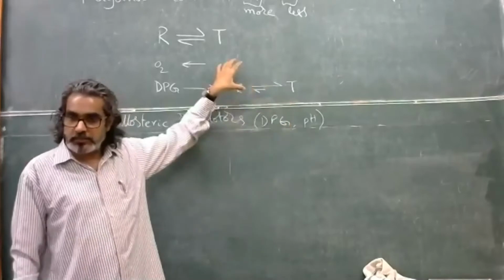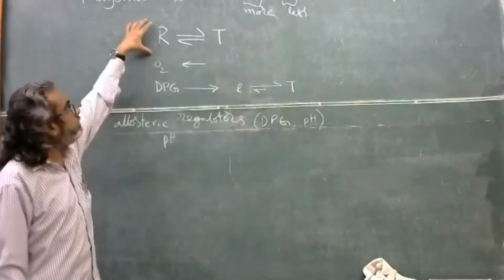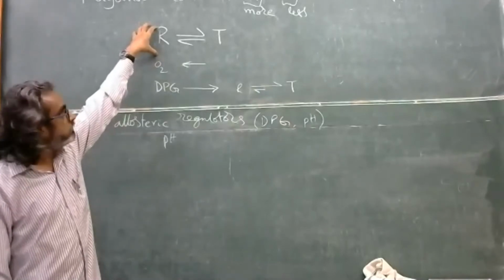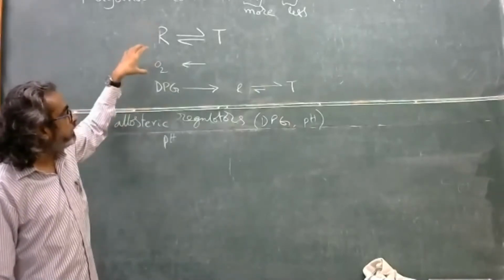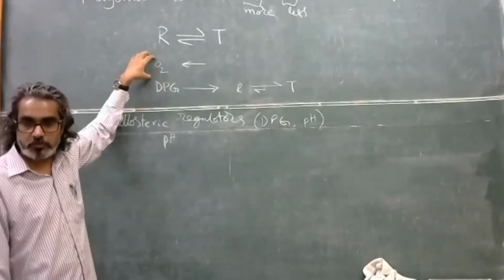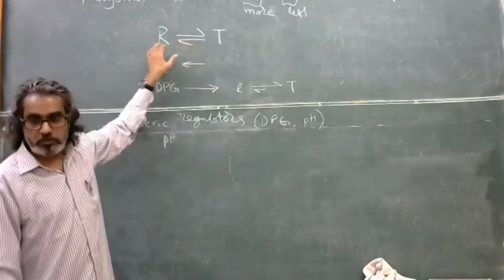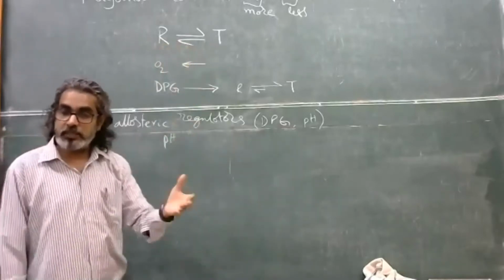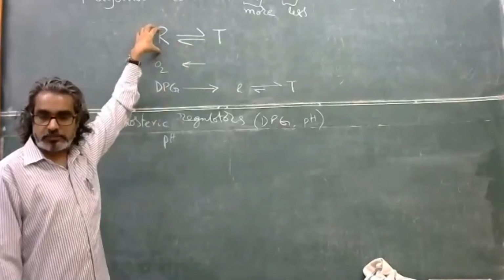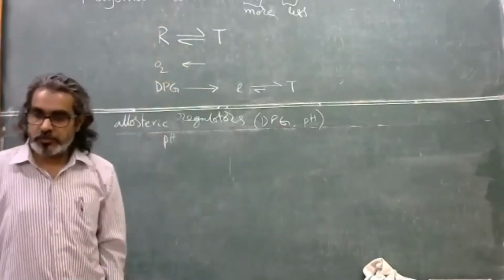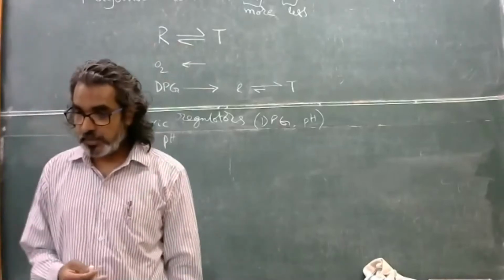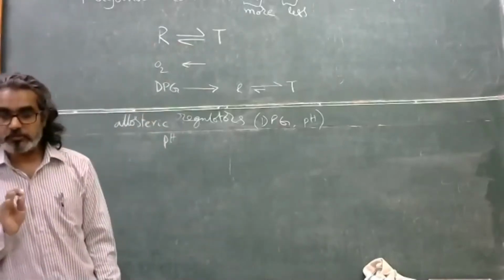Even though you have R, the sites are blocked, so you have less and less sites available for O2. So CO2, for example, doesn't have to shift the equilibrium; it can just block the sites available for O2, so that less and less O2 is binding. So there are two different ways of regulation.